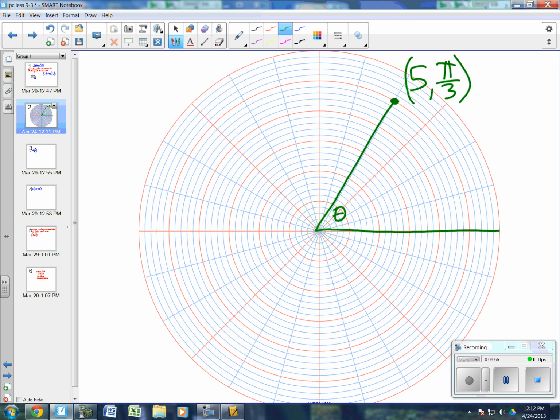Okay? To get a rectangular coordinate, I would go to the right. Let's do that in red. I would go to the right, and then I would go up, right? And there's x, there's y. By the way, there's r. Okay? So here's theta, and here's r. Here's x, and here's y.